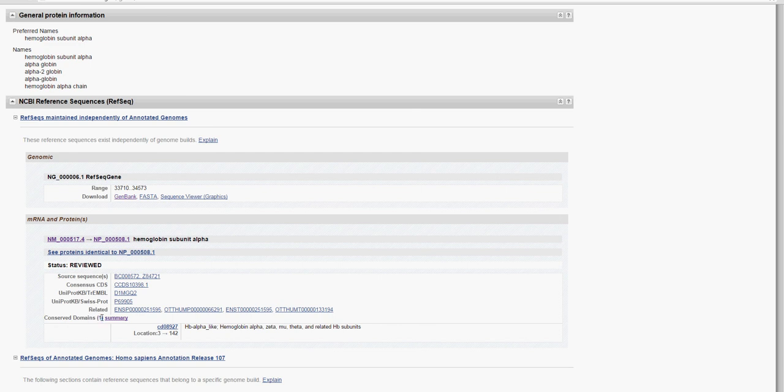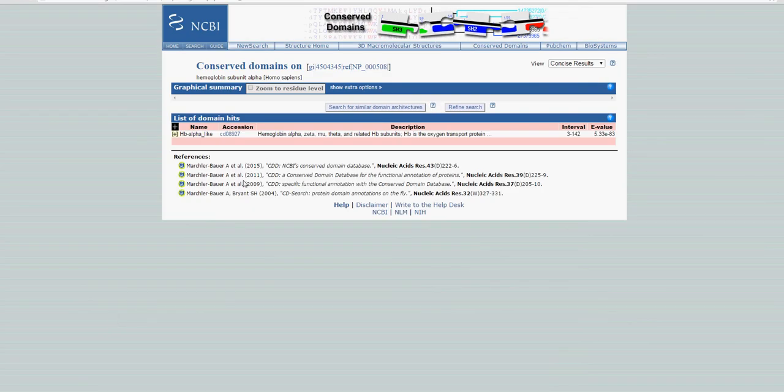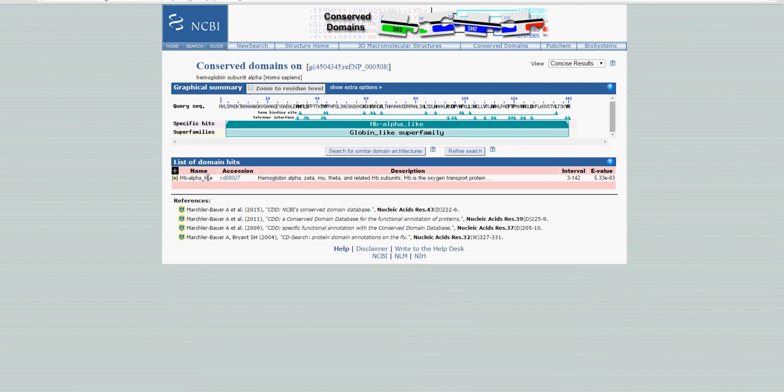The number 1 shows us that there is one conserved domain in this protein, and this conserved domain is from amino acid 3 to amino acid 142 in this protein, and the domain is called HB alpha-like. If you want to see a clearer picture of this, you click on the summary, and you can see all the previous information, including the figure here.